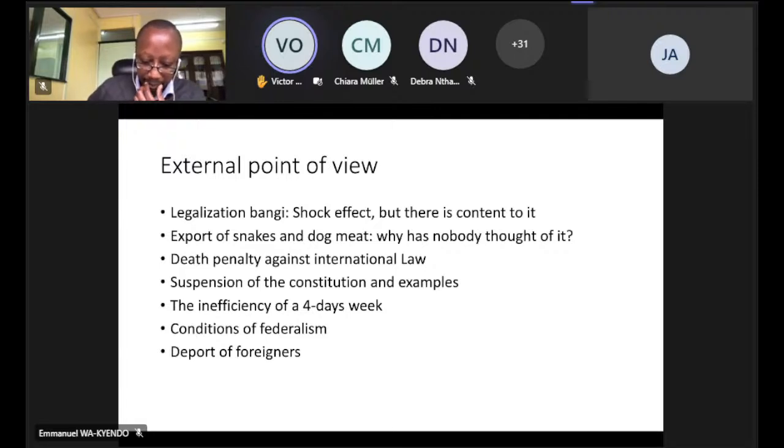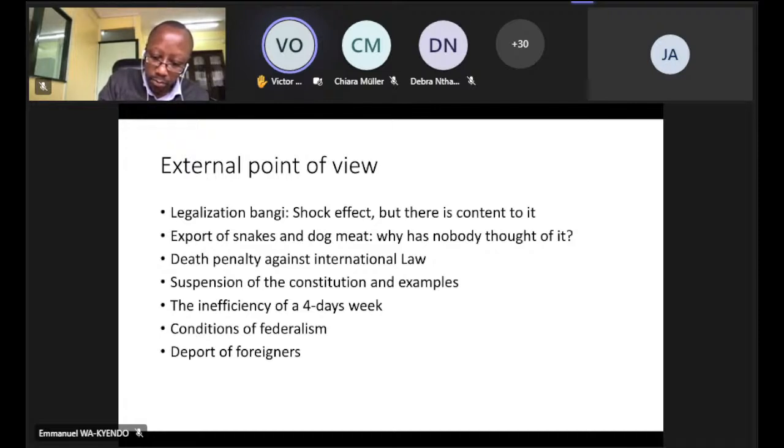I don't know how you would be able to identify idle foreigners, but it also has implications for Kenyans who are staying in other parts of the world. So I don't know whether they may have thought about the foreign policy perspective on how this might have an implication on the Kenyans who live abroad.